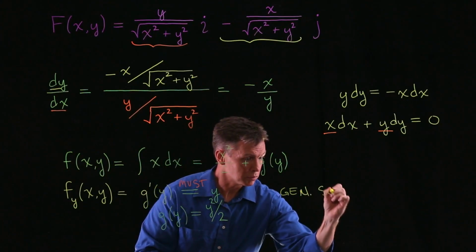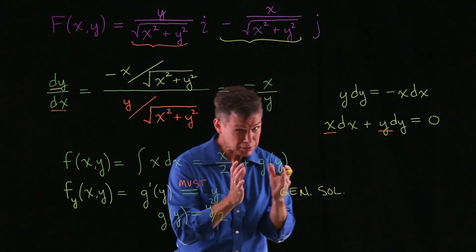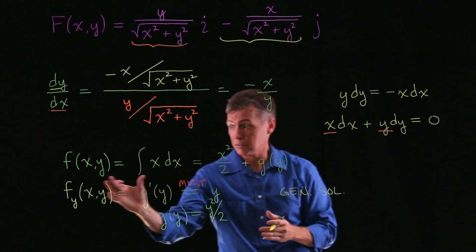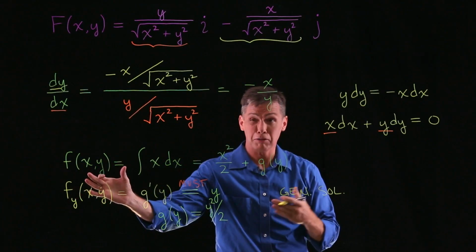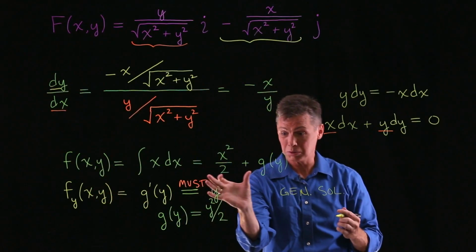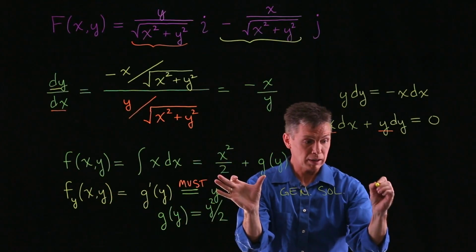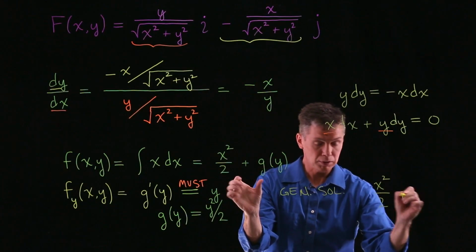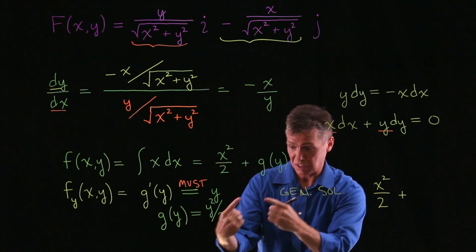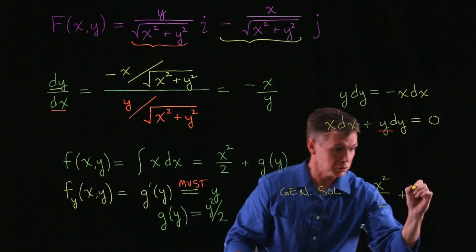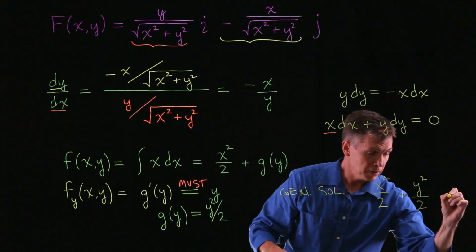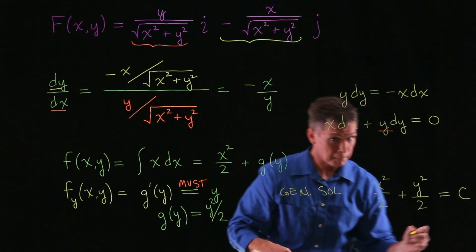Which means my general solution, for my pretty much final answer here, is your f of xy function, which is right here, x squared over 2 plus g of y, which we figured out is y squared over 2, equal to some constant.